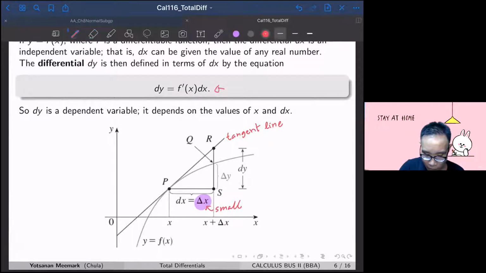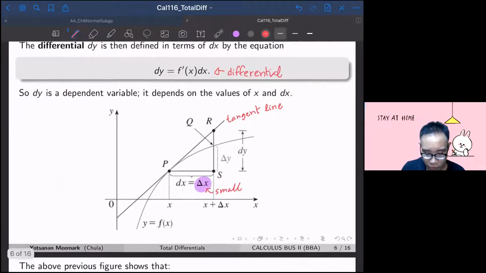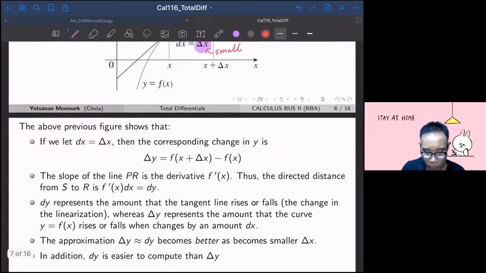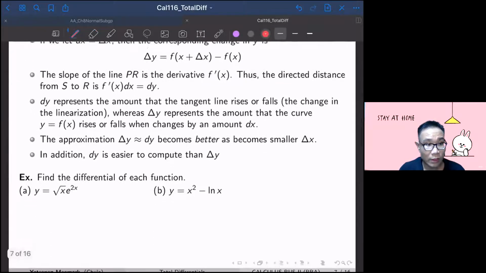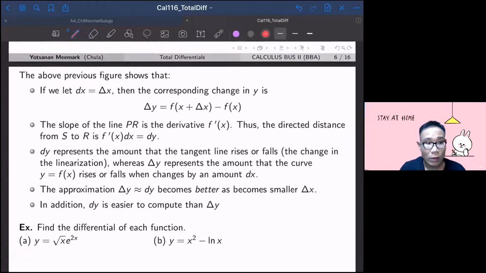I'm not going to teach you much on the definition. This one is called the differential.